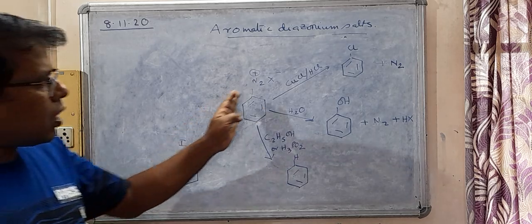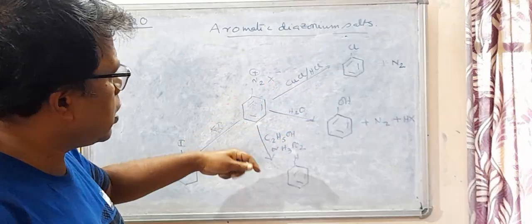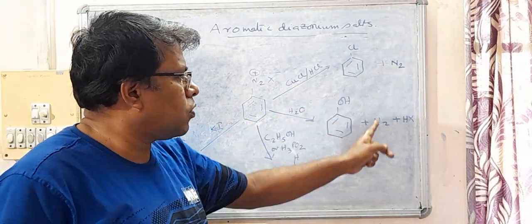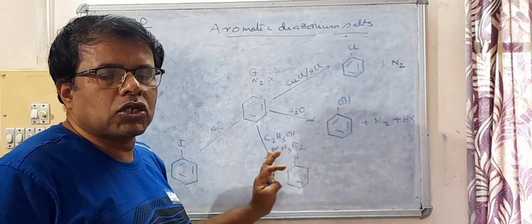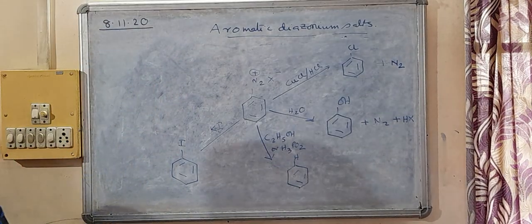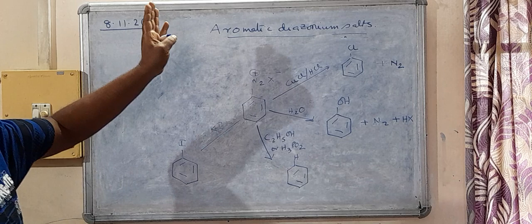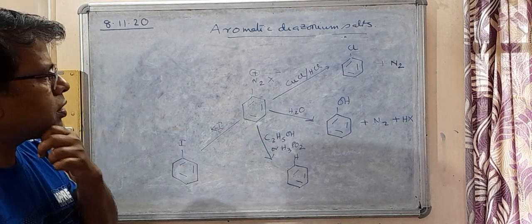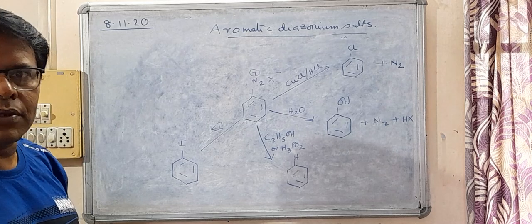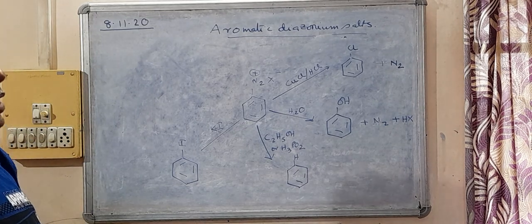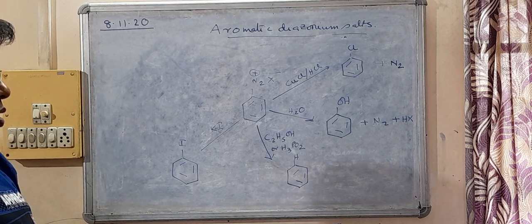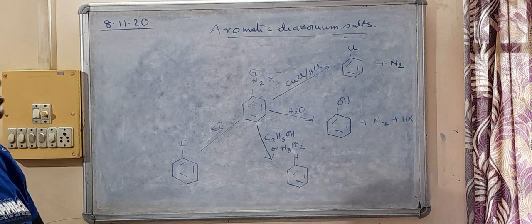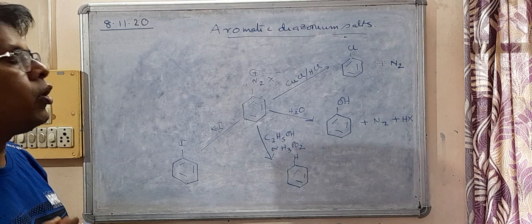So one thing about all these reactions is that in each case, there is liberation of N2 gas. In the chemical reactions of aromatic diazonium salts, in all these cases, there is liberation of N2 gas. There is another type of chemical property of diazonium salt where there is no liberation of N2 gas.